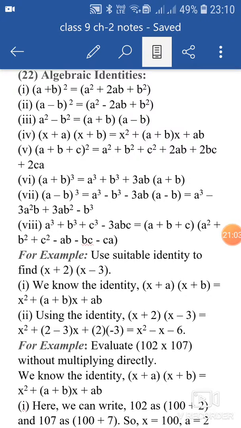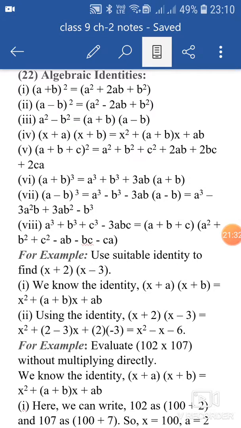The difference is that in the square we had 2ab, but here with 3ab we have to put (a plus b) also. Remember this. And in the minus identity we put all the signs as minus. (a minus b) whole cube can also be written as a cube minus 3a square b plus 3ab square minus b cube. We have done nothing, we have just opened the bracket 3ab into (a minus b).